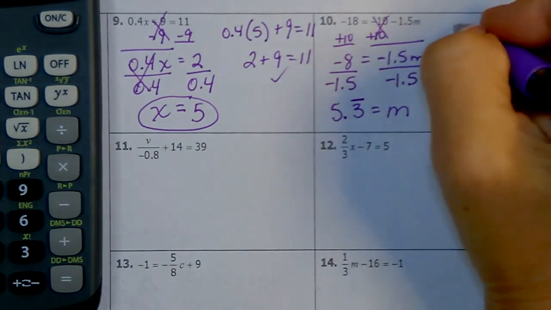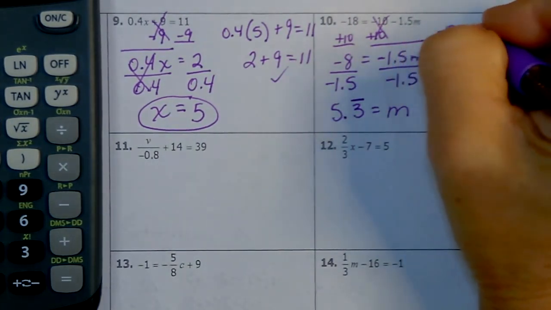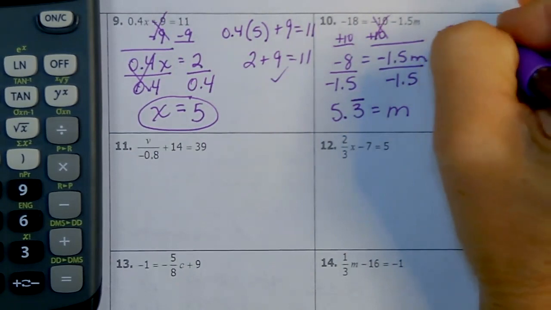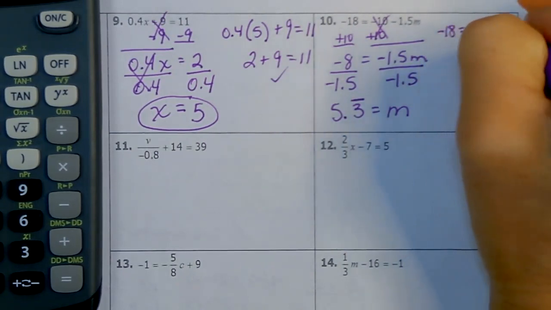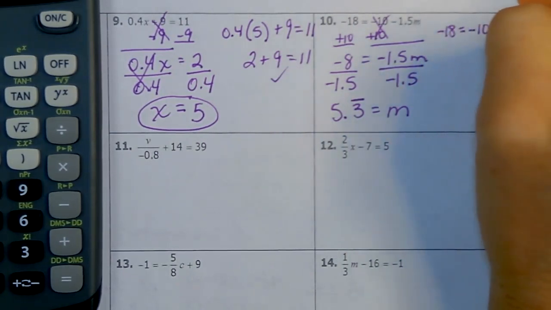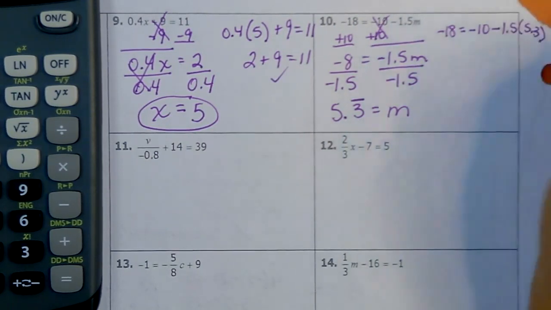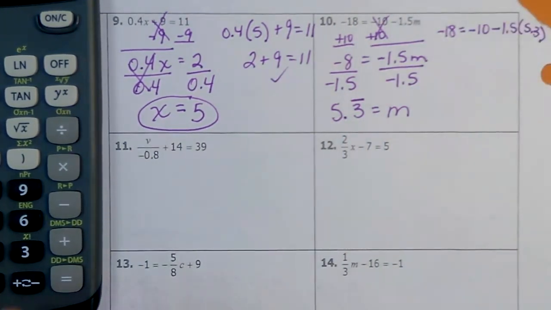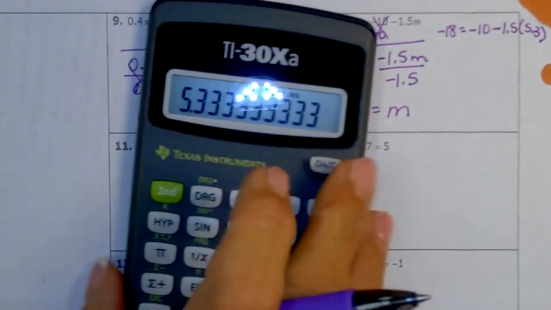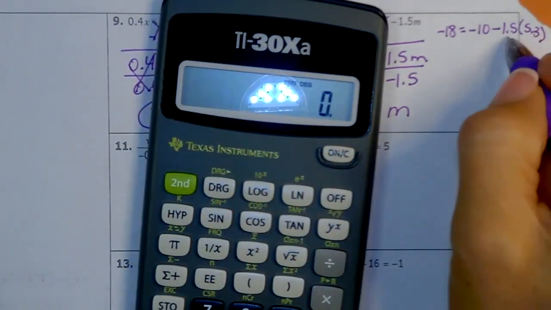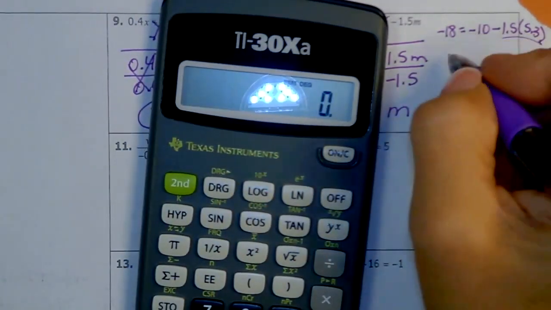Okay, time to substitute. Negative 18 equals negative 10 minus 1.5 times 5.3. I'm going to start off by multiplying this.